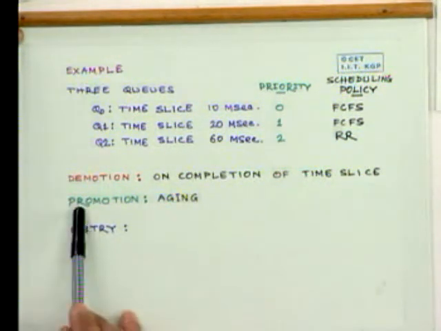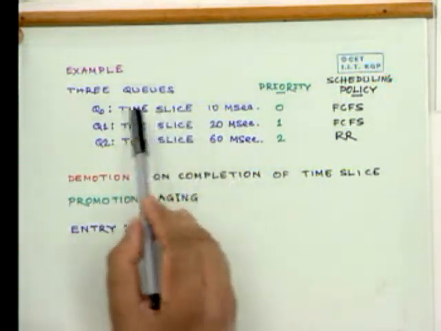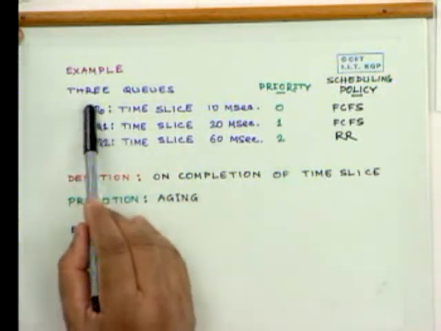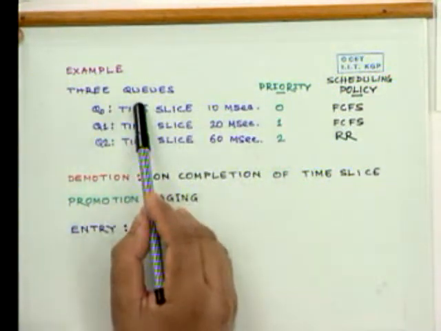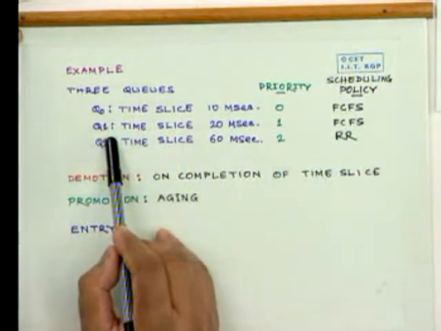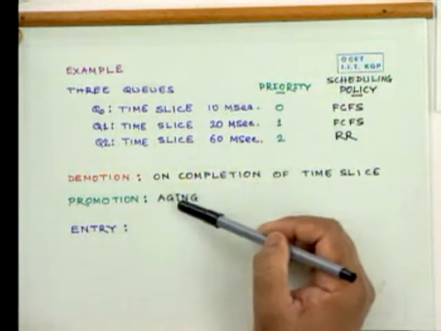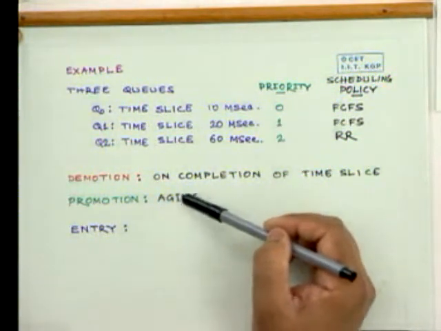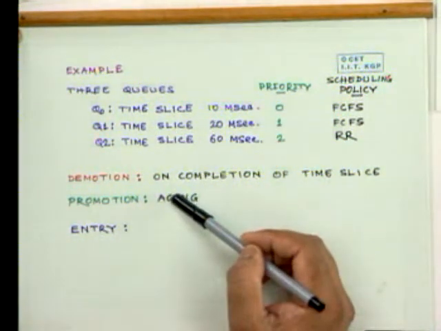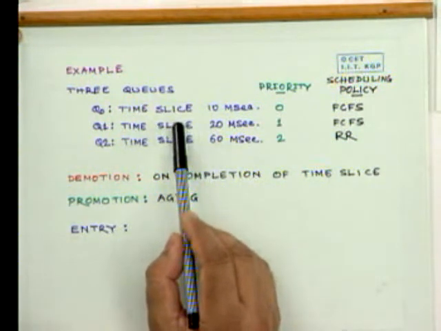Similarly, the promotion may be on aging, because, as I said, the priority of Q0 definitely is highest, and therefore if there are always jobs in Q0, then processes in Q1 and Q2 will never be served, and they will starve. One promotion policy that we can take is on aging, by which I mean the time that a process has spent in a particular queue.